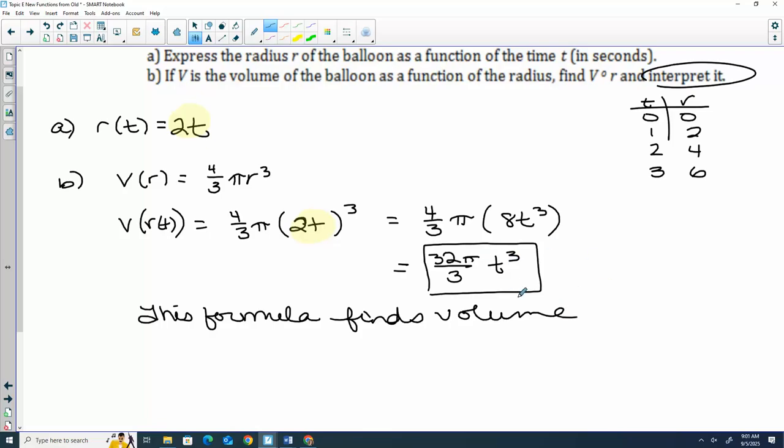After, what variable are we plugging in? Well, the original formula was in terms of radius, but now my variable is time. So it finds the volume at a specified time.